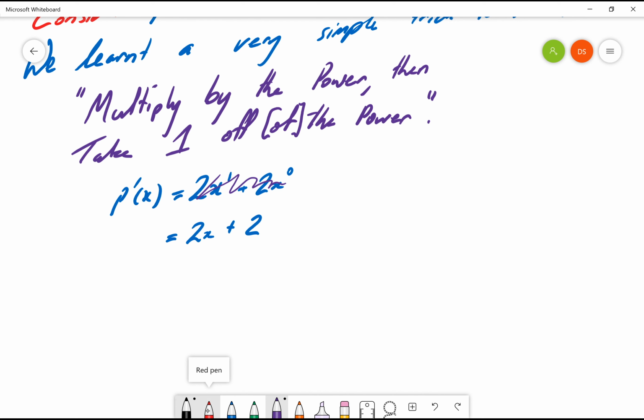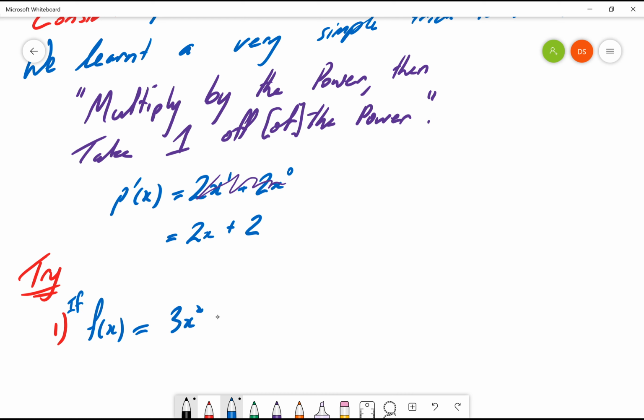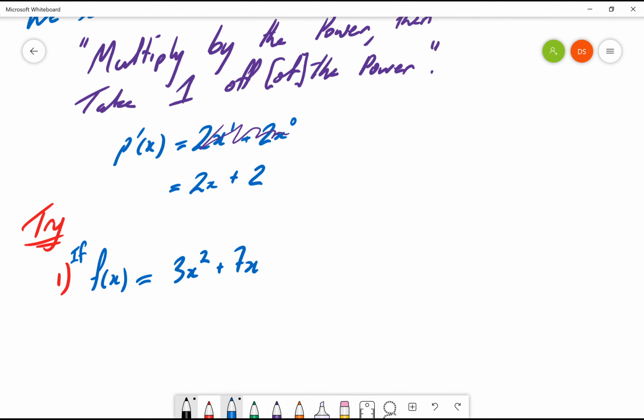So question 1, I'm going to write if f of x equals 3x squared plus 7x, what's f prime of x?